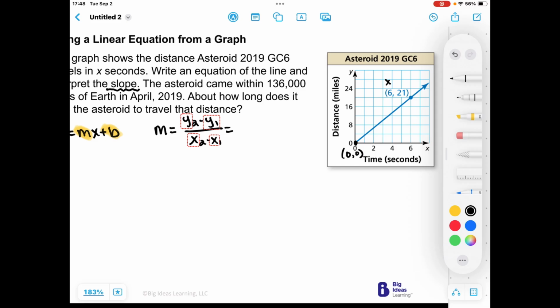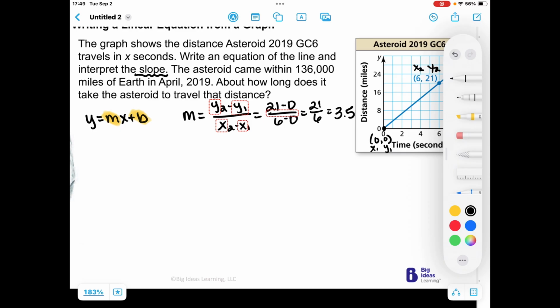Give me 2 seconds. So I would use the point up here as my second point, (x2, y2), and my origin as (x1, y1). Something very nice that happens is whenever you do this math, it's just 21 minus 0 over 6 minus 0, which is 21 over 6, or simplified down to 3.5.